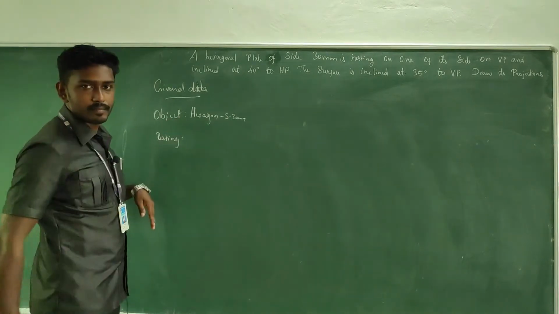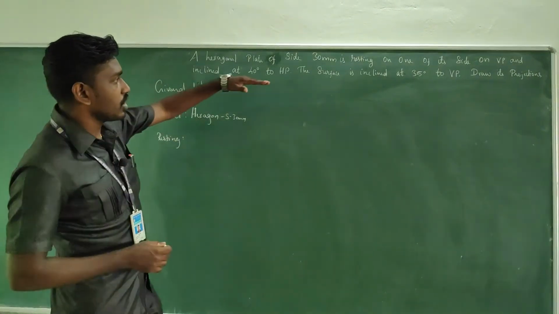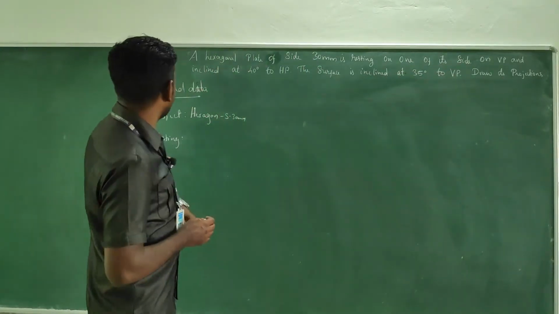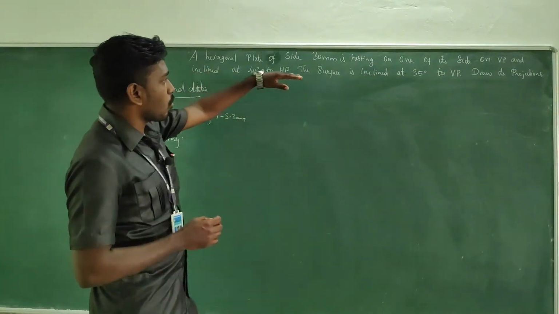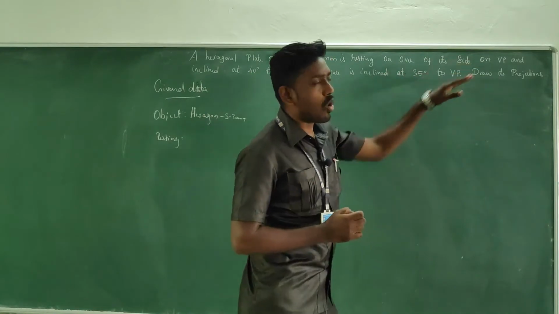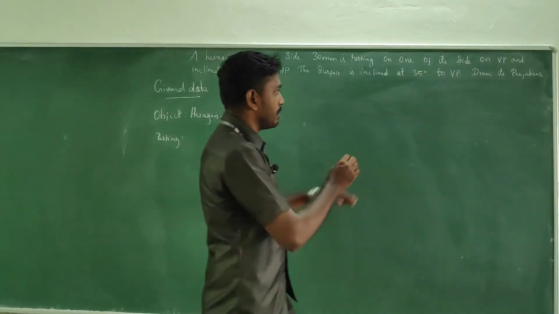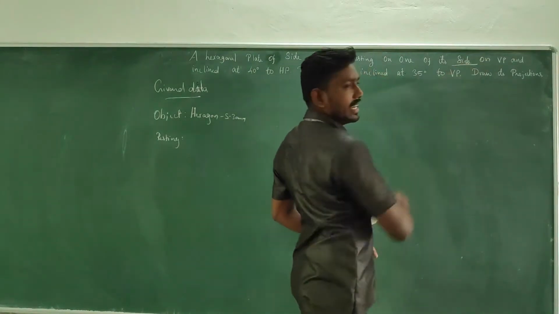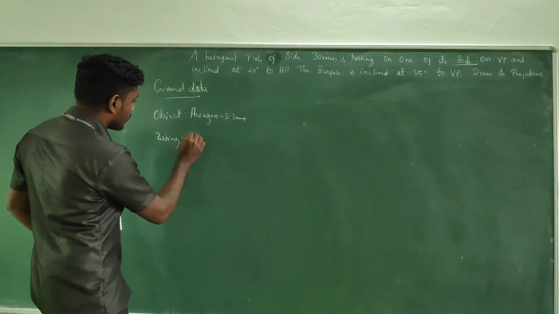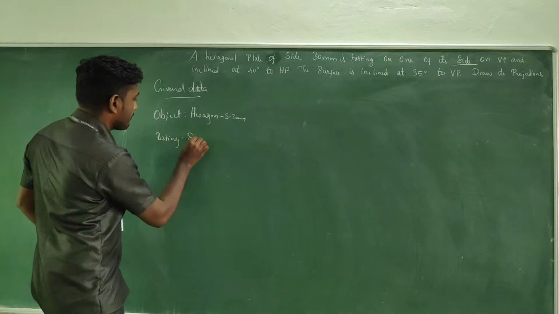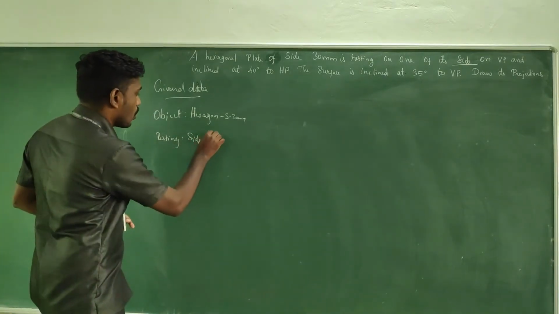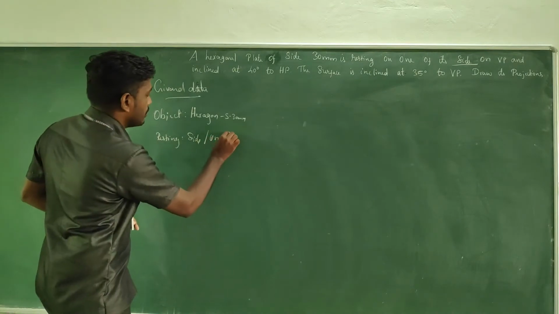How is it resting? On which plane is it resting? Look at the question: one of its sides on VP. That means it is resting with one of the sides, the other name is edge, on VP.